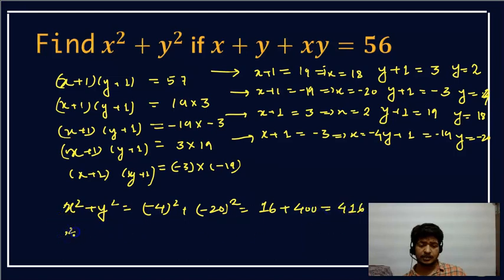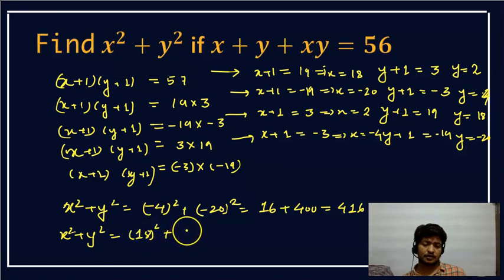Next value, x square plus y square, you will get 18 square, and y square you will get 2 square. 18 square you can solve, and 2 square is equal to 4.